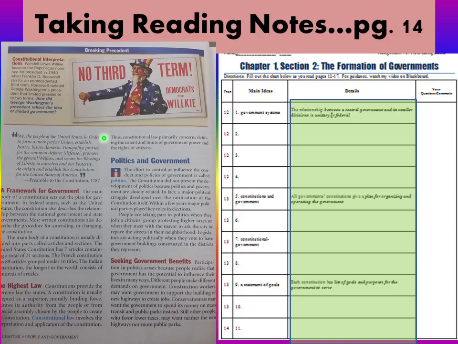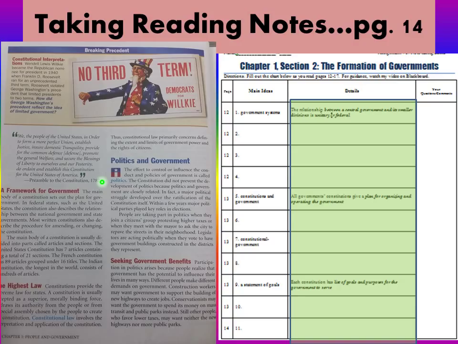We the people of the United States, in order to form a more perfect union, establish justice, ensure domestic tranquility, provide for the common defense, promote the general welfare, and secure the blessings of liberty to ourselves and our posterity. Do ordain and establish this Constitution for the United States. Preamble to the Constitution 1787.